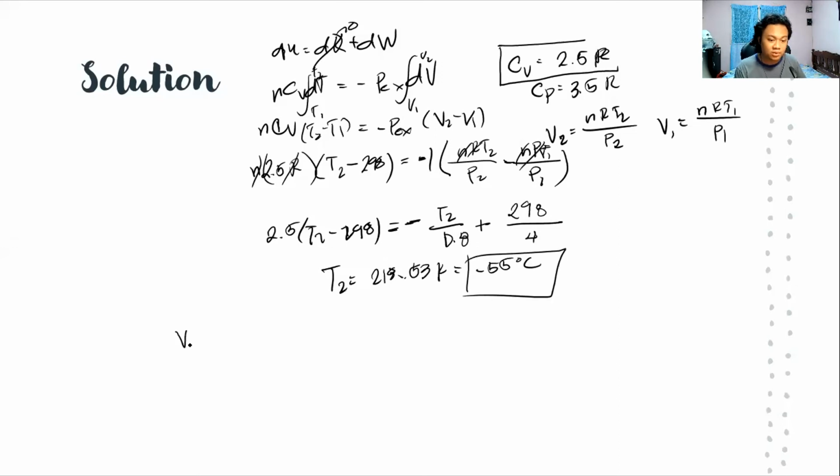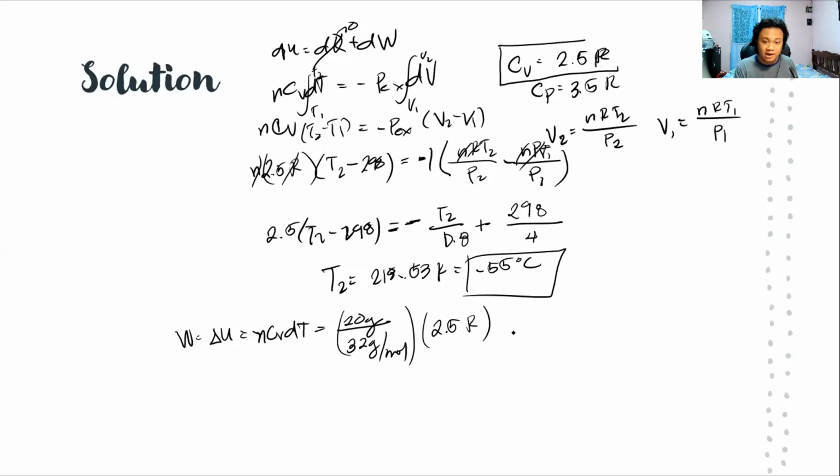And then we have our work, negative internal energy, by NCV dT. Okay, so N is equal to, diba 20 grams man, we have 20 grams of oxygen gas, and then divide that by its molar mass. And then we have CV 2.5 R, R is equal to 8.314 gihapon.